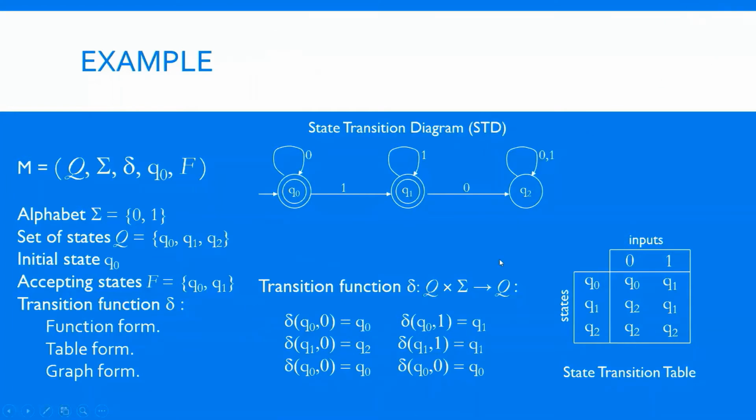There is one error, I have written it incorrectly. Okay, I will correct it and I will send it to you. So this is actually Q2 0 is Q2, Q2 1 is Q2. That you have to write here.